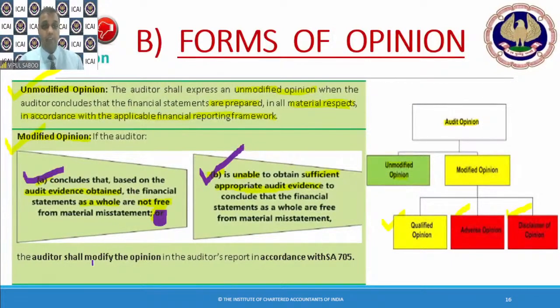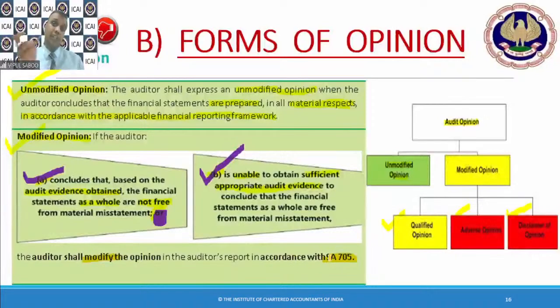In these cases, the auditor shall modify his opinion. The auditor shall modify his opinion as per SA 705. We did it in the start in that particular table, all the SAs. SA 705 is for modified opinion.